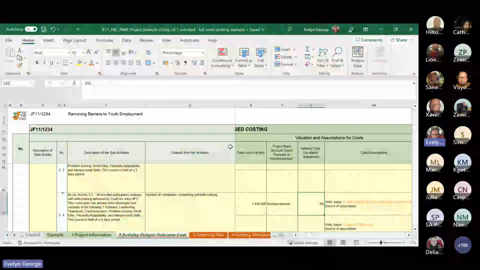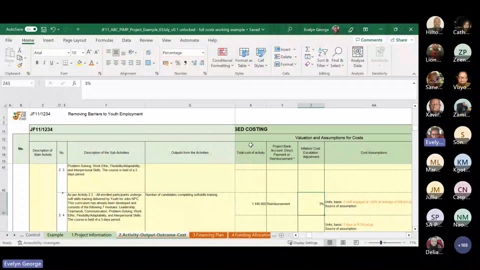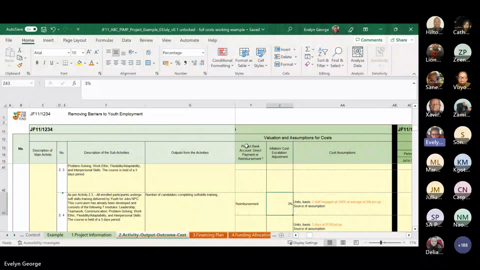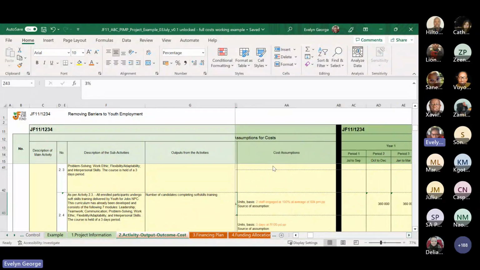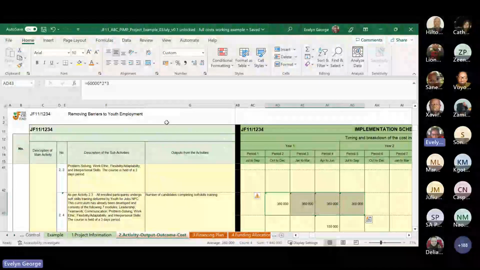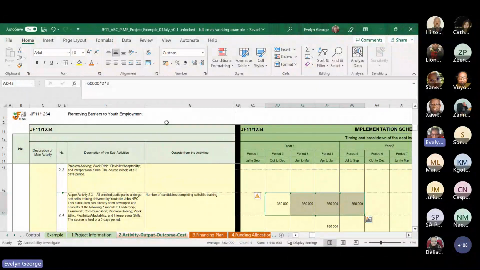And we are saying these 2 staff members are dedicating 100% of their time to training. They cost this much, and we only cost them in the period where the training is being undertaken at 100%. I think the candidates graduate here.